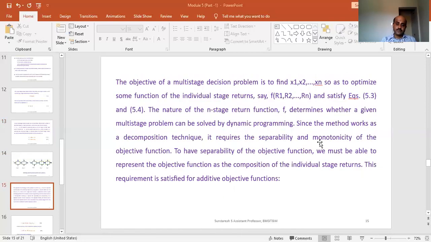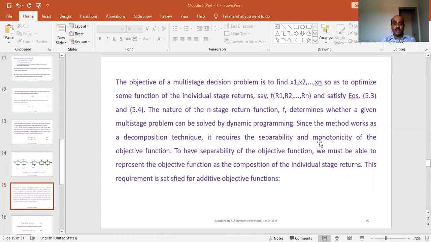So what is the value of x1, x2? Those are the decision variables, to optimize some function of the individual stage returns. The nature of the n-stage return function f determines whether a given multi-stage problem can be solved by dynamic programming. Since the method works as a decomposition technique, it requires separability and monotonicity of the objective function.